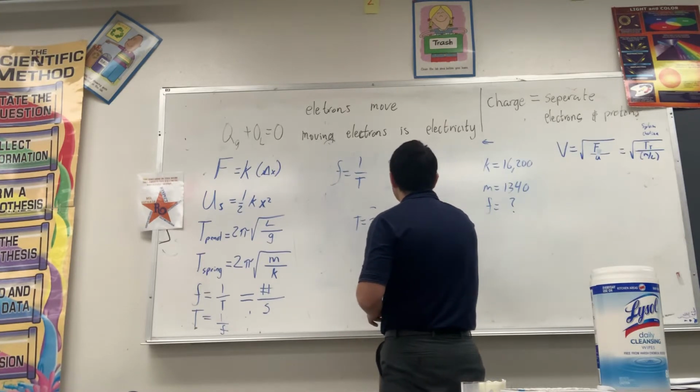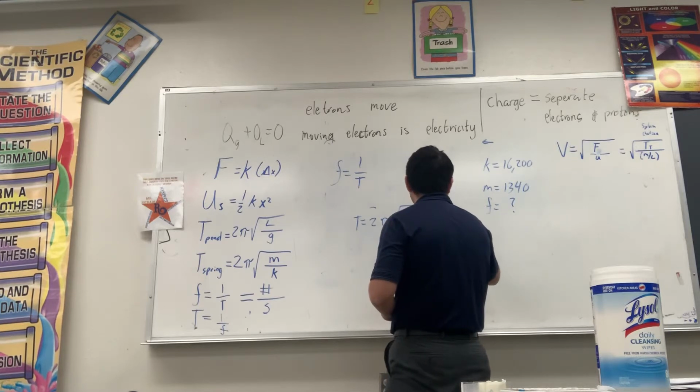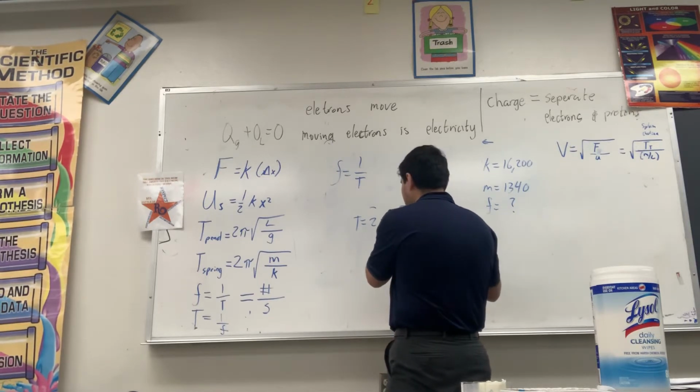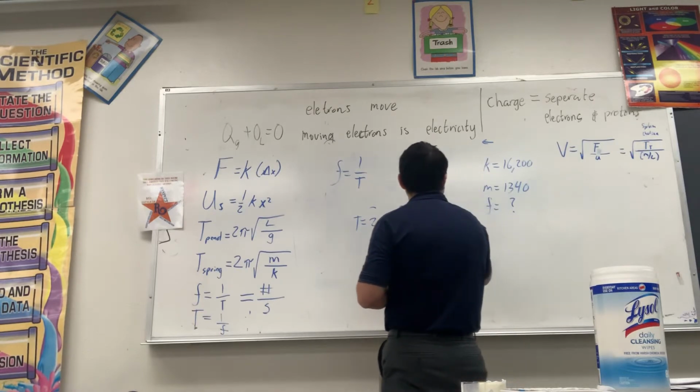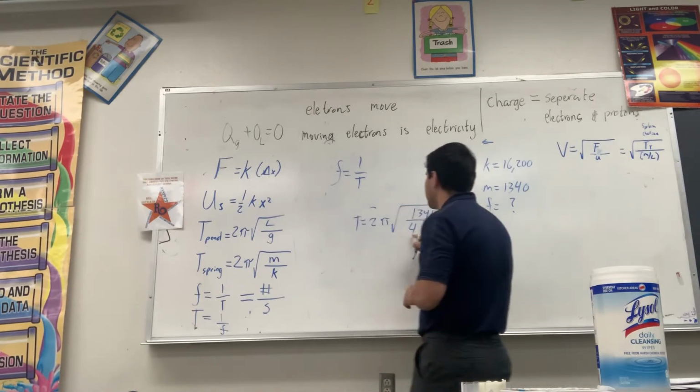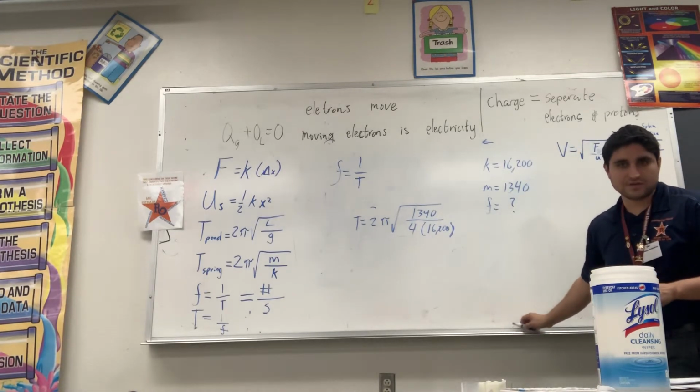The mass is 1340, but I have 4 springs, so for my k I put 4 times 16,200.